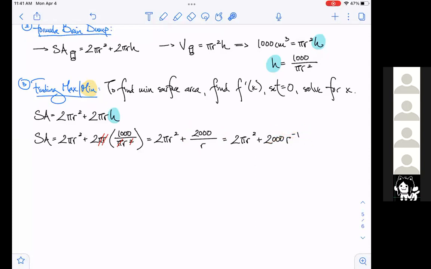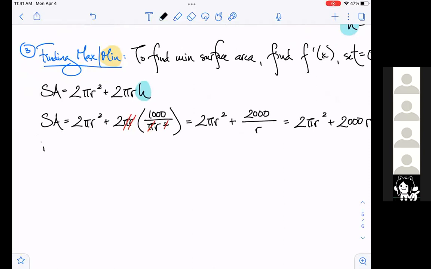And you shouldn't expect anyone to feel bad for you, because there's a way that you can avoid that mistake. And if that happens to be a mistake you tend to make, make a different choice, right? Figure out how to avoid that mistake. So we've got our surface area formula. Now we're ready to find the derivative, set it equal to 0, solve.